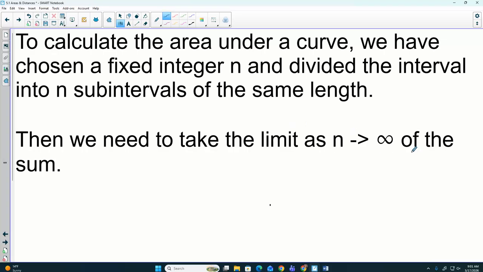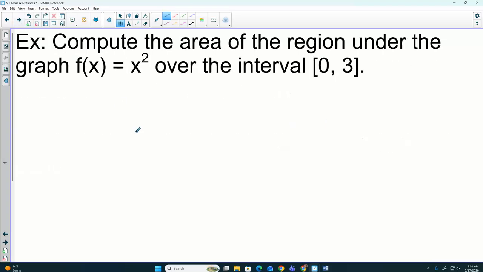And the number of rectangles needs to go to infinity. So if I wanted the true area under the curve f of x equals x squared. If you remember, like last Thursday-ish, we did x squared, we approximated the area with, I think, 5 rectangles and then maybe 10 rectangles, so we had a couple of approximations for this. Let's figure out what it really is.